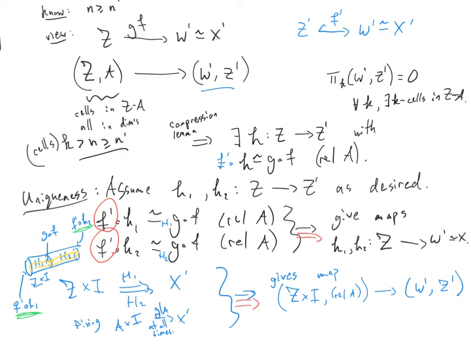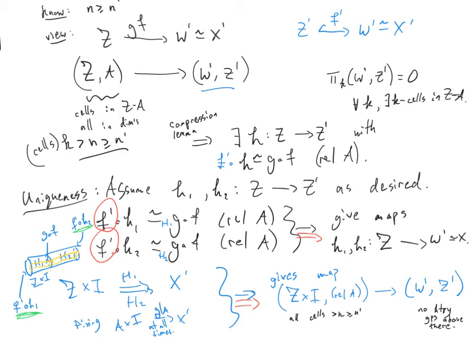Moving to the right, and the same cell argument again: the target still doesn't have any cells in degrees strictly bigger than n prime, so this is all cells strictly bigger than n, which is bigger than n prime, and this has no homotopy groups above there.